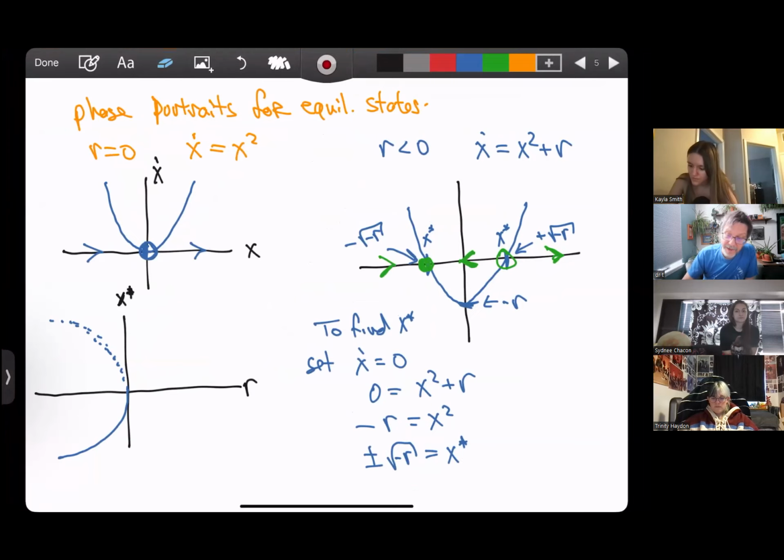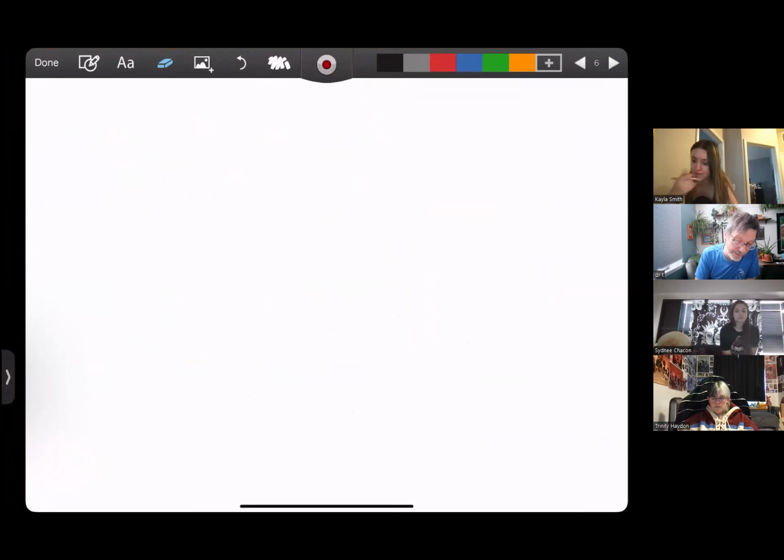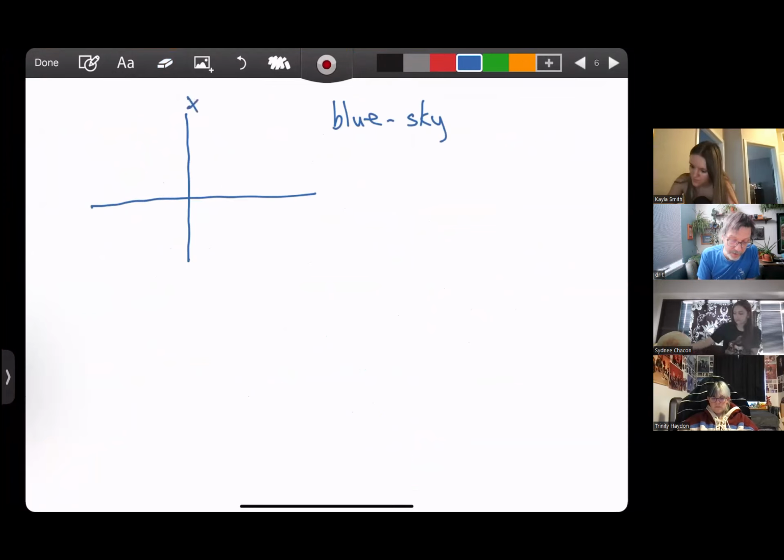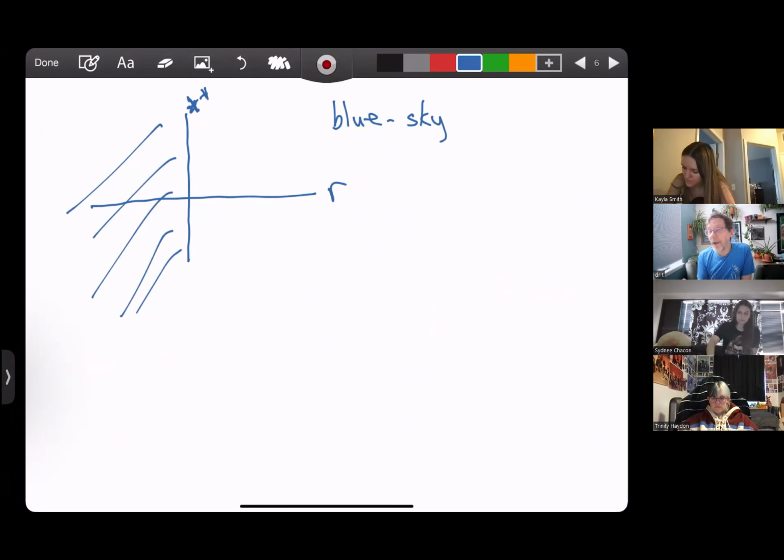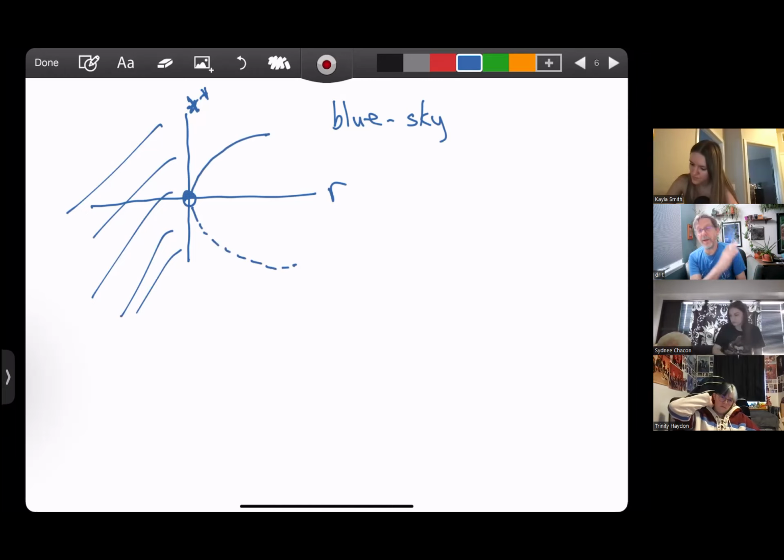The blue sky bifurcation looks like this. For a blue sky, it's really a reversed saddle node bifurcation where here's our equilibria, here's our parameter, and nothing happens on the left side. And then as r becomes positive, as soon as r becomes 0, we see a half stable point emerge, and a stable branch and an unstable branch are created as we move to the right.